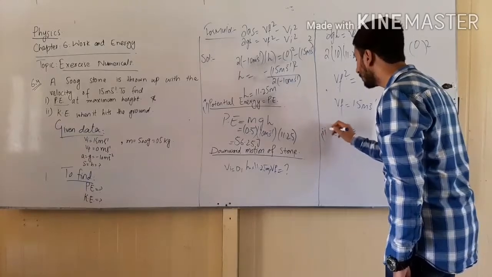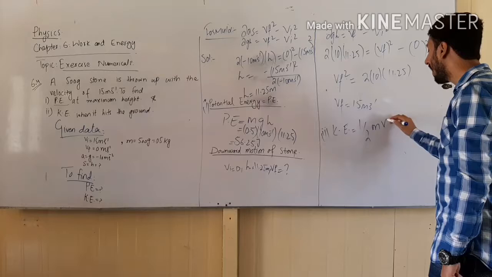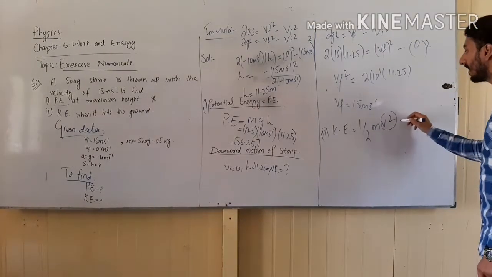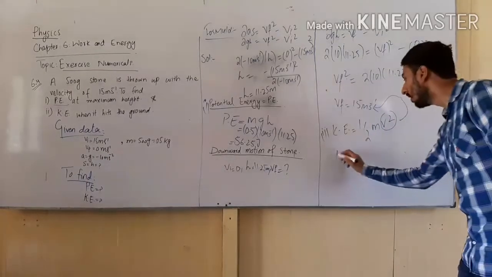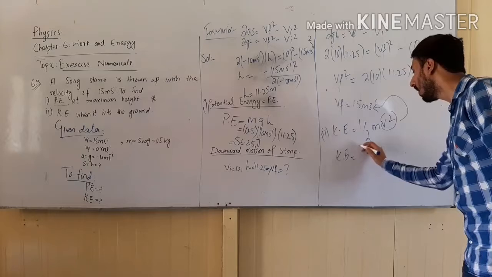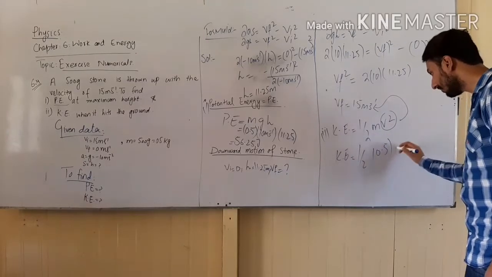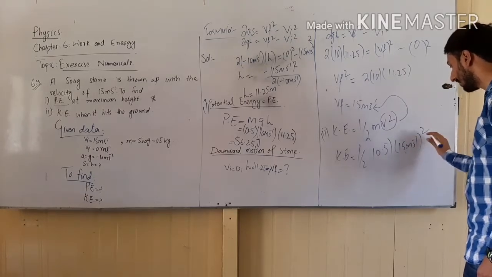So for kinetic energy, what is the formula of kinetic energy? 1 by 2 mv square. So in this case, I have to put this value of final velocity. So KE is equal to 1 by 2, what is mass? 0.5 and that 15 meter per second square.